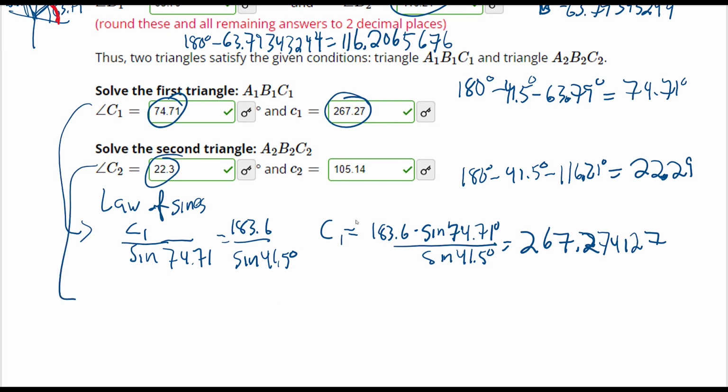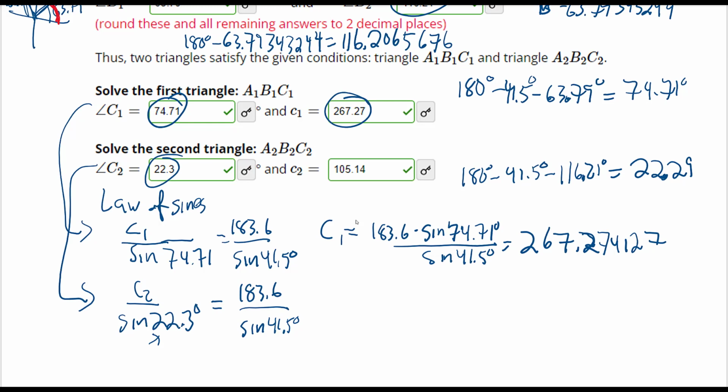Do this again using the law of sines. So C2 over sine of the associated angle, 22.3 degrees, equals, again, 183.6, because this is our little a, over sine of 41.5, because that's our angle A. So what changed here was this, because that's the new angle for this other triangle.